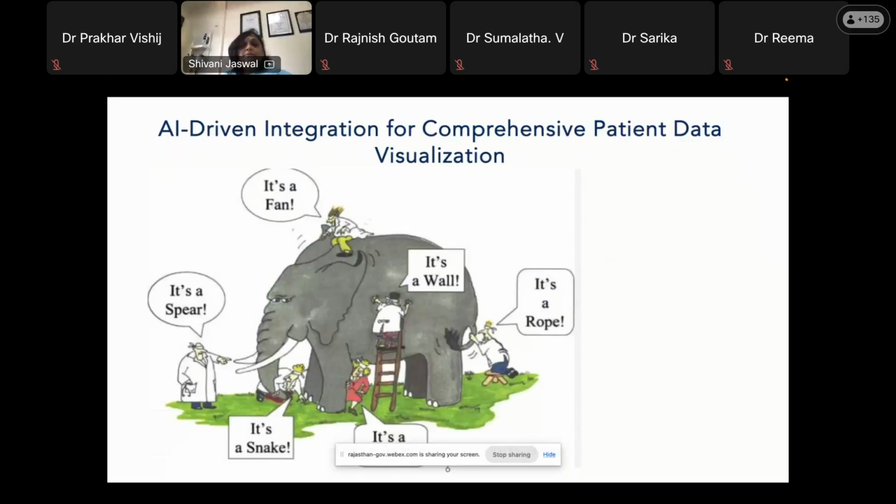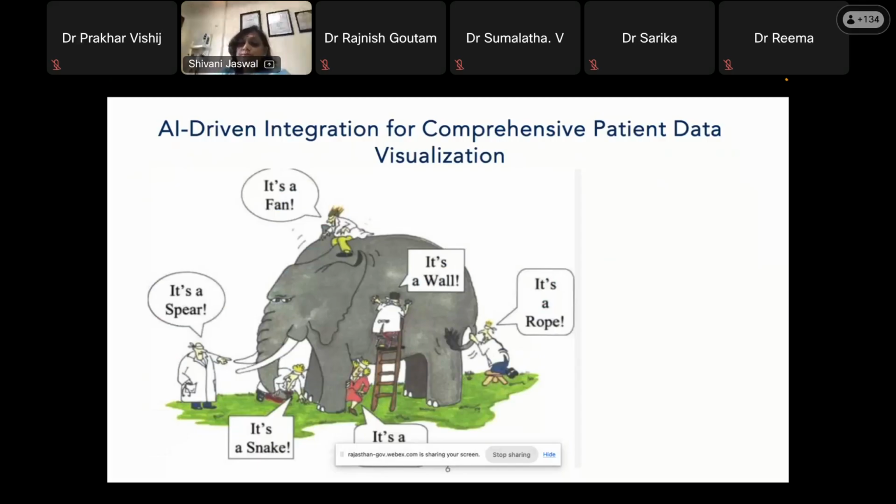So in labs, we produce many different data from different multiple sources. But in order to get a holistic understanding of the patient's condition and actually arrive at the right diagnosis, it is important that we look at integrated medical data. So all these reports together, plus the clinical history, plus his previous medical history, if we look at everything in totality, then only we will arrive at the best diagnosis for the patient.